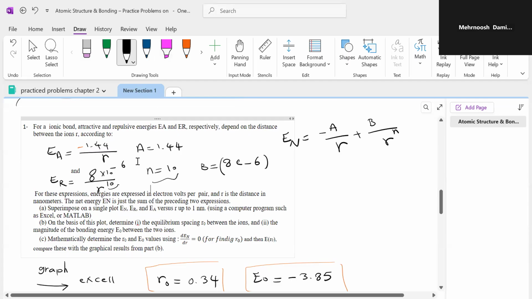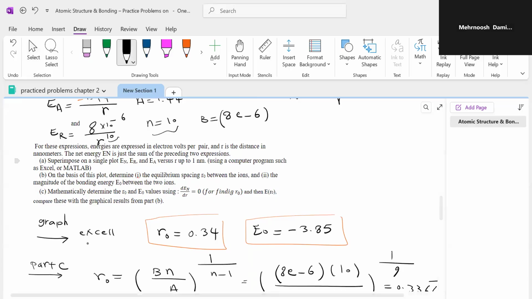The first part of this problem asks to plot En, Er, and Ea separately, or the combination of them, to show the difference between them versus R up to 1 nanometer using computer programs such as Excel or MATLAB. Okay, let me stop sharing and share my Excel.